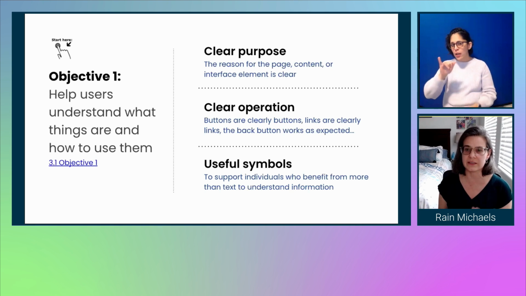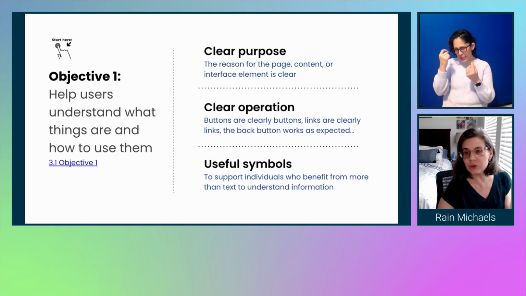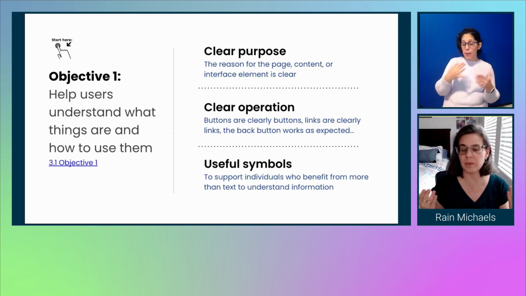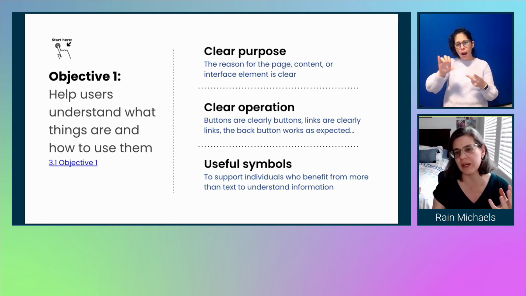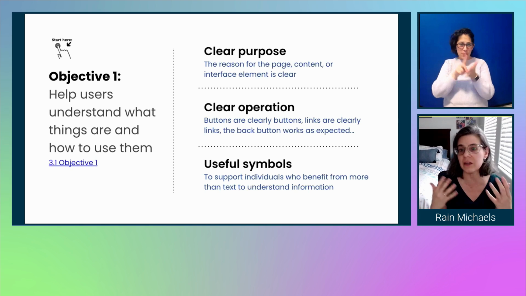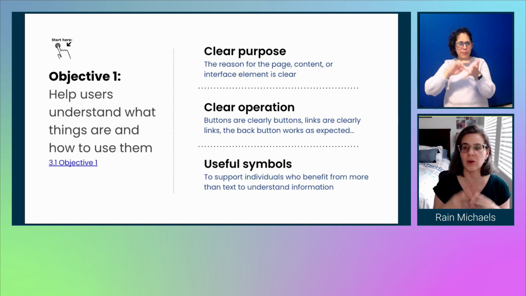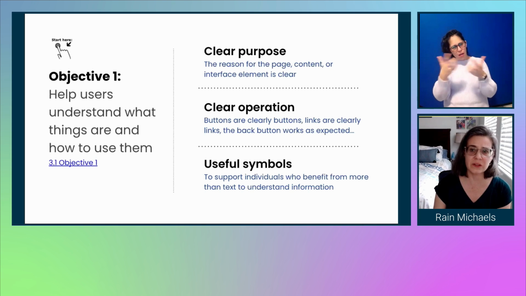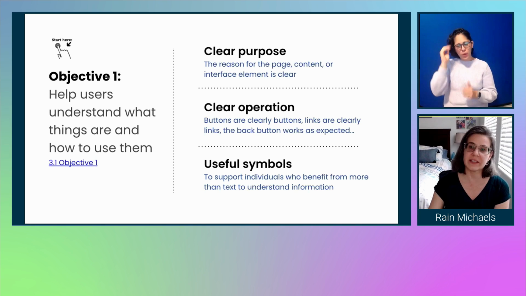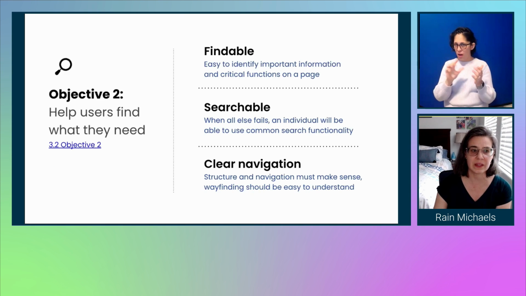Jonathan, who needs help with numerical processing, or some other individuals may really benefit from having a visual or an icon or some kind of illustration paired with the text to help uncover implied meaning within the text itself, or help them better understand what's being conveyed. So these are some things to think about in terms of offering ways to help the user understand what things are and how to use them.